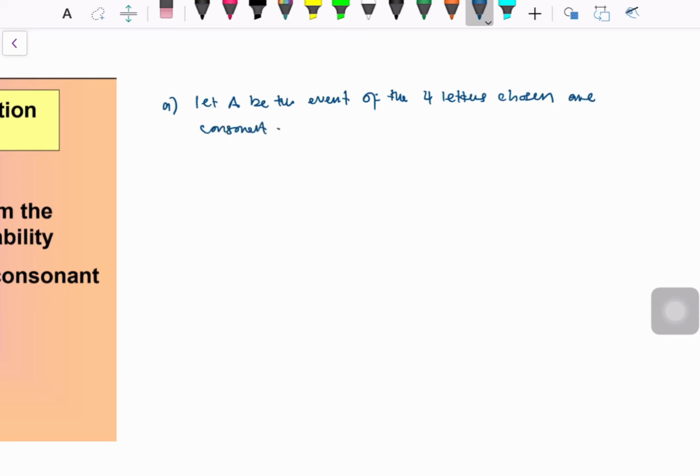Since we are looking for the probability, we need the total of the sample space, which I'm going to write as n(S).